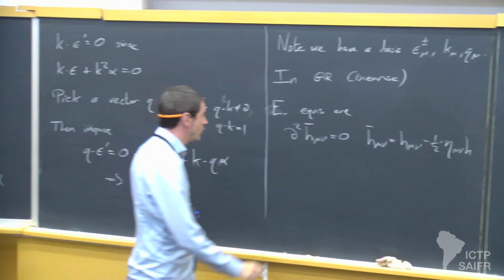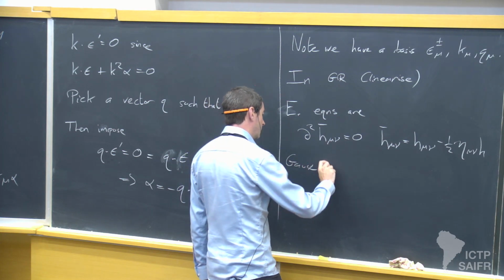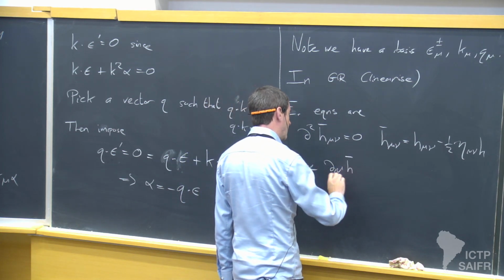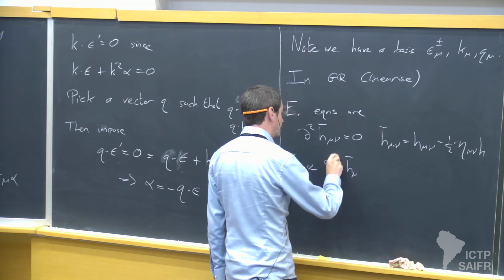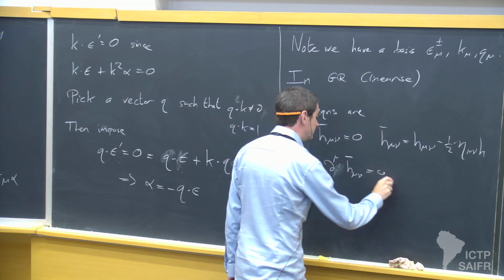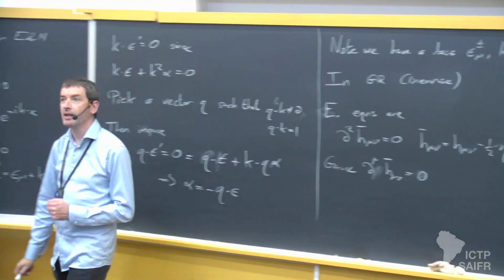And I'm in the gauge sometimes called the de Donder gauge, d mu h bar mu nu equals 0. So this is just writing out the Einstein equations in this gauge.